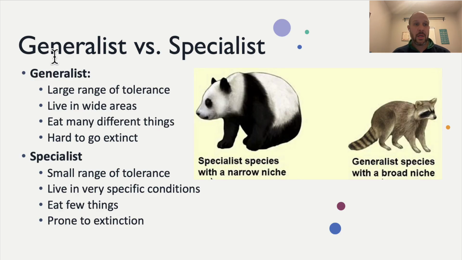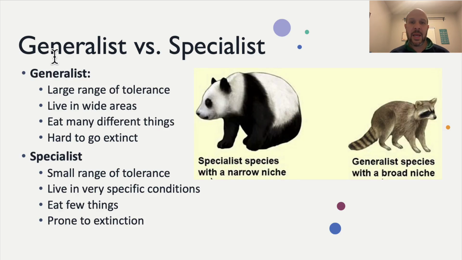A raccoon, well, we had raccoons in Phoenix, we have raccoons here, there's raccoons in Alaska. Raccoons live everywhere and they eat anything. I mean, they literally eat trash. So they can survive in a wide range of areas. They're not likely to become extinct just because they can survive in so many different conditions.